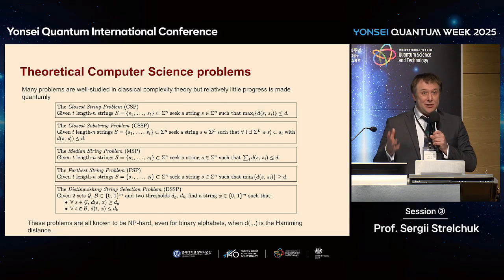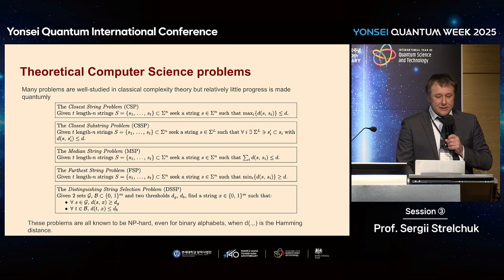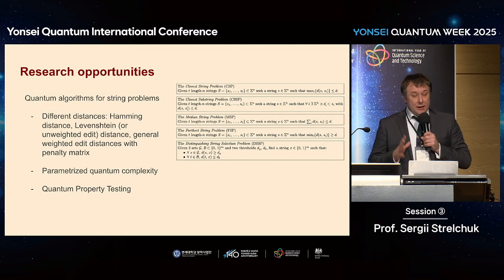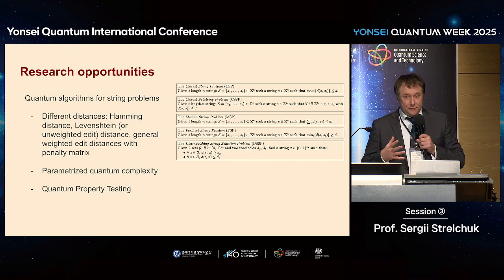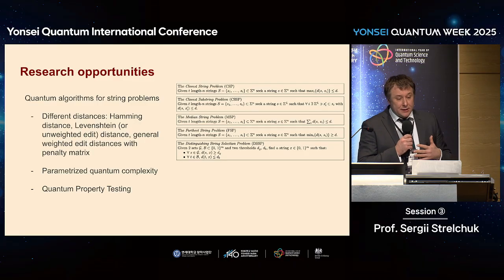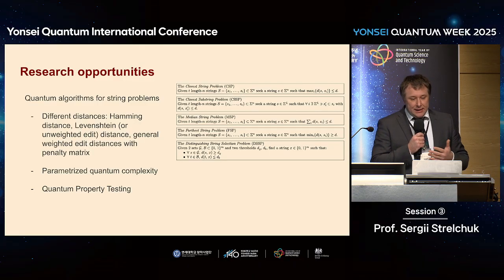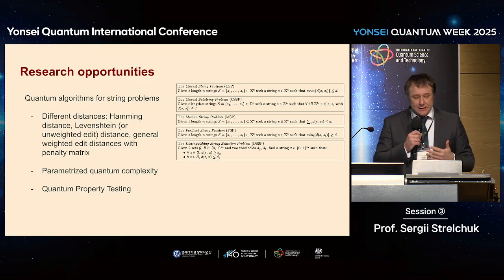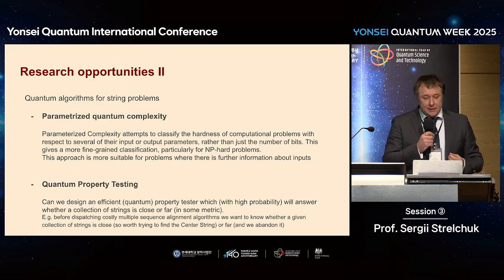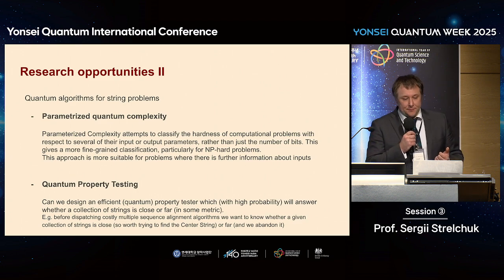This space has largely been unexplored from the quantum side of things. And I think there are a lot of really good possibilities to think about these problems from the point of view of different distances, not just Hamming distance, but Levenshtein or unweighted edit distance, general weighted edit distances, and so on. But one could also explore these problems through the lens of parameterized quantum complexity and quantum property testing.